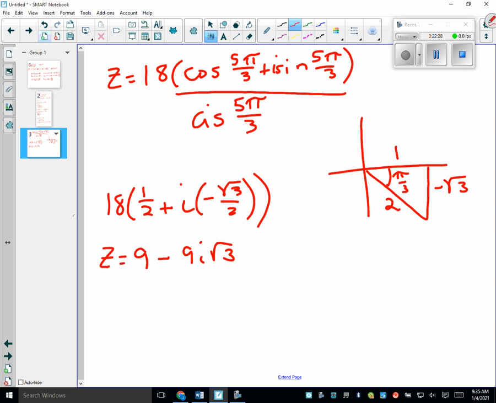I could have said 9 radical 3I. As long as I don't put the I under the radical. Right. So now this was in polar. This is in rectangular. Was that one easier? You want another one?